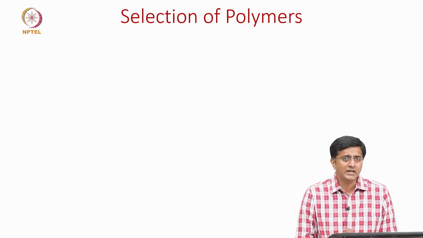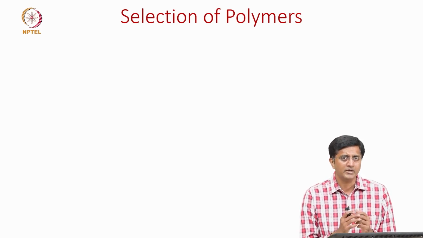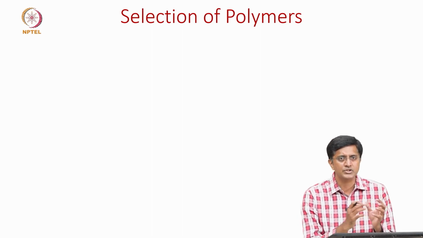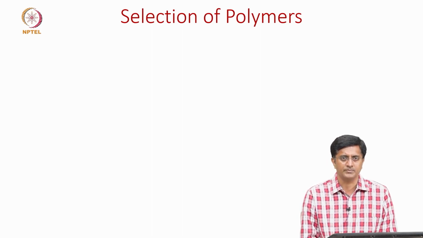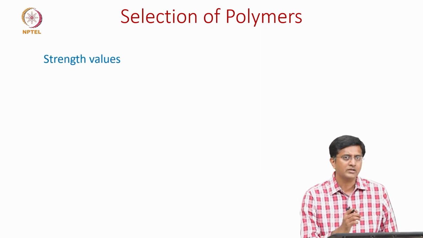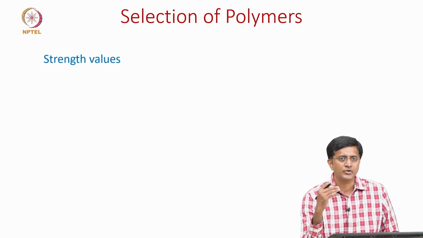There are many criteria one should apply before we can narrow down into one specific polymer which is suitable for a particular application. One of those criteria is to look at the strength values. Depending on the application, once you have done the stress analysis, you know what stresses are coming in.